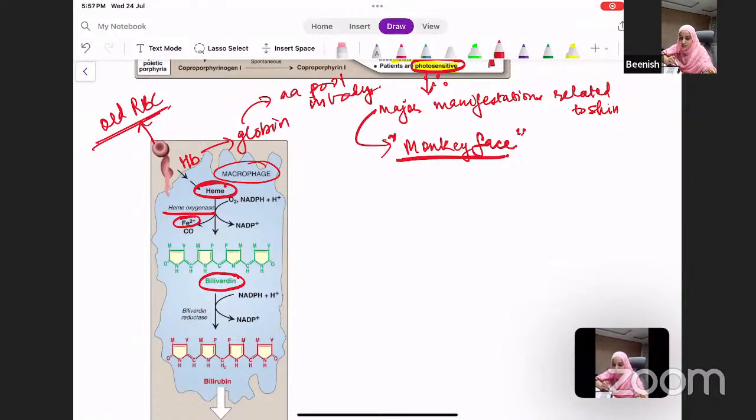This iron that is liberated is recycled. We've already studied the recycling of this iron when we were talking about mineral metabolism in the iron chapter.